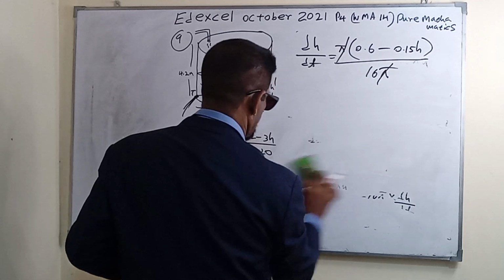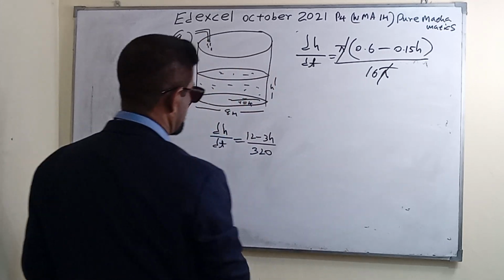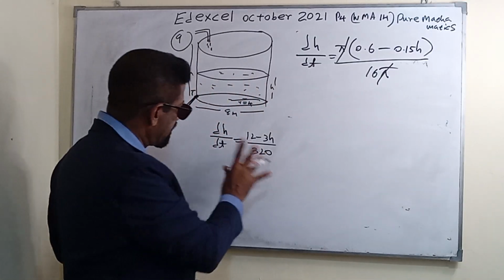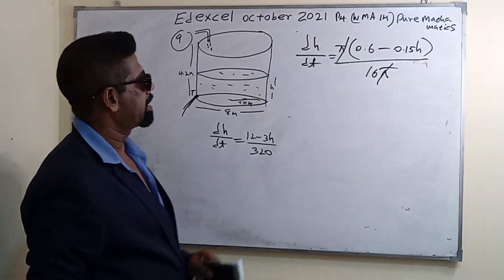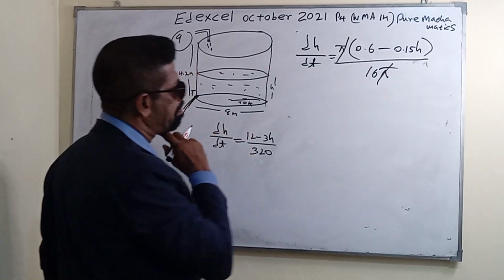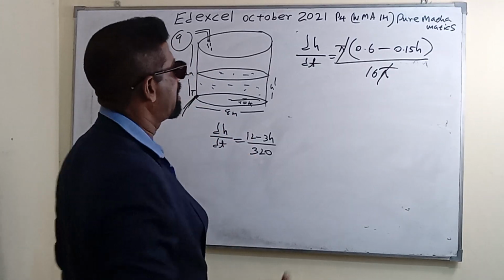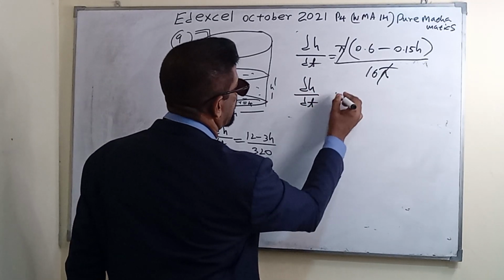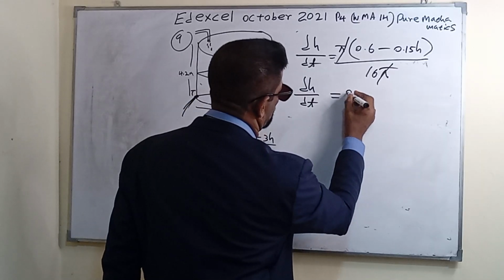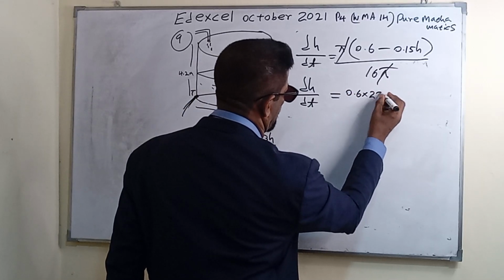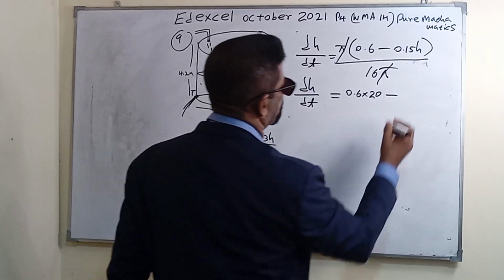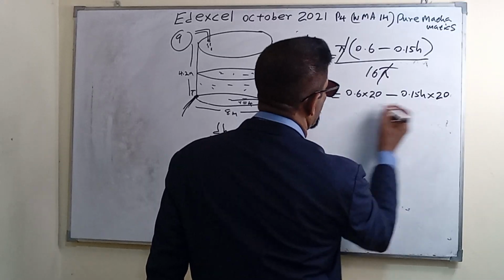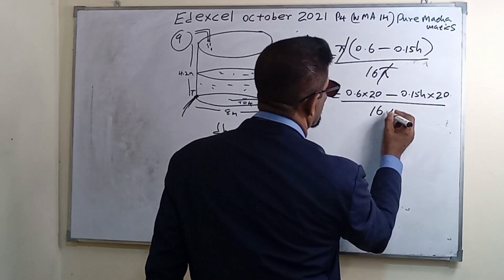Now your denominator is 320. We need to arrange the denominator by multiplying both numerator and denominator by 20. So dh/dt equals 0.65 times 20 minus 0.15h times 20, over 16 times 20.